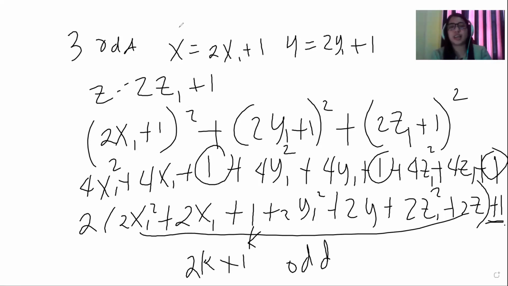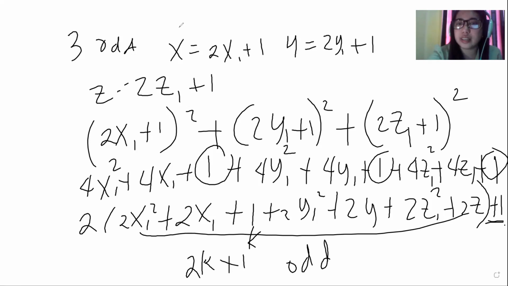So this case shows that there do not exist x, y, z if our x, y, z are odd integers. So the result is not 2x, y, z. Okay, let us continue.